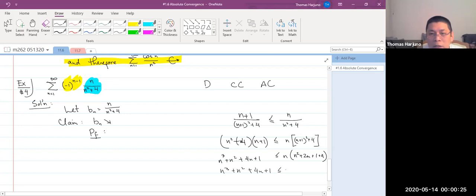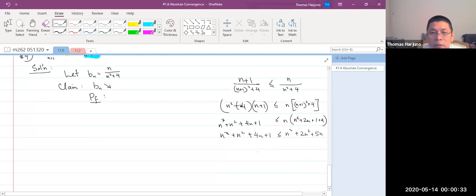On the right hand side I get n cubed plus 2n squared plus 5n. The n cubed cancels, the n squared cancels. So 1 is less than or equal to n squared plus n.